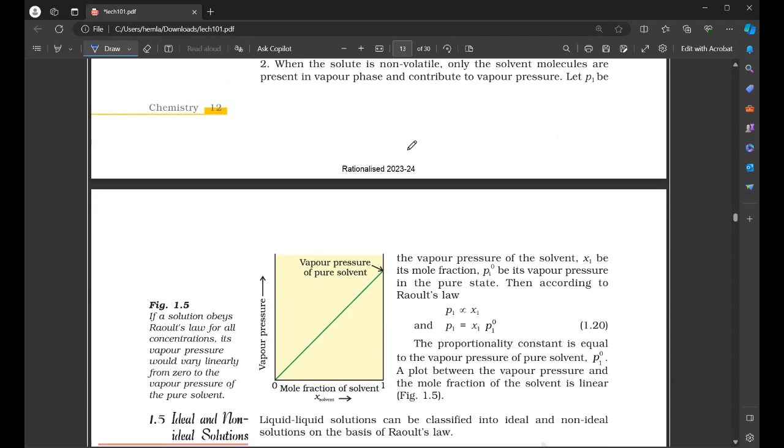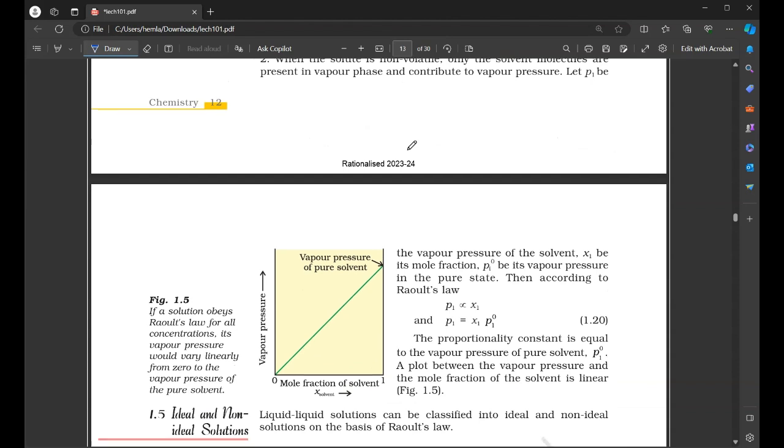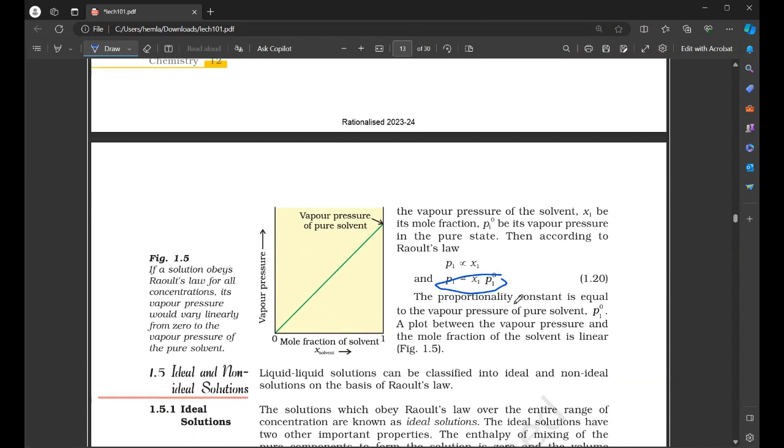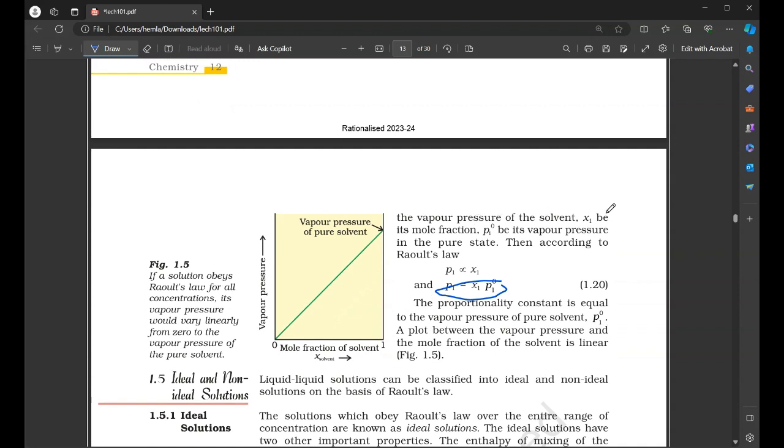Then, according to Raoult's law, P1 equals X1 times P1 not; the proportionality constant is equal to the vapor pressure of the pure solvent. There we used partial vapor pressure, here vapor pressure of the solvent, and then there is vapor pressure in pure state. Then according to Raoult's law, it becomes a linear graph.